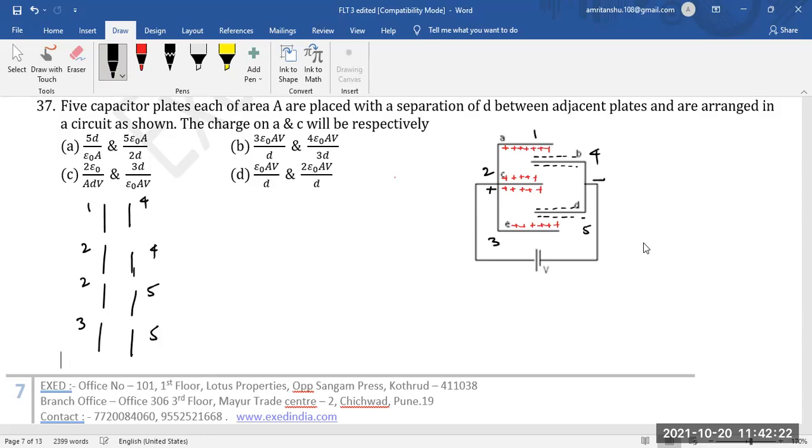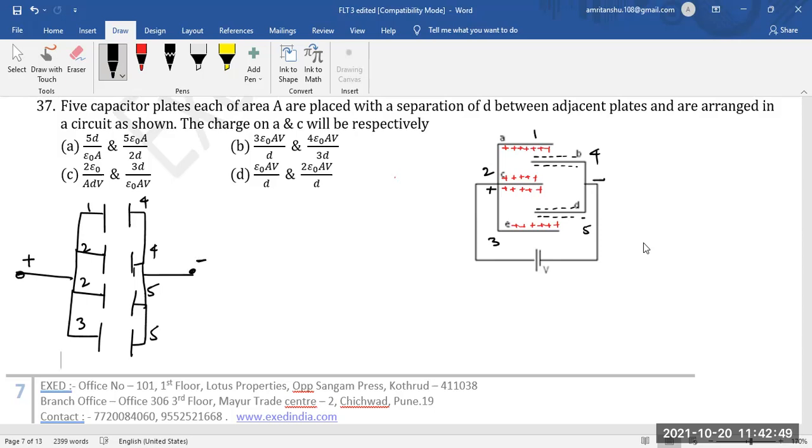Now we see 1 is connected to 2. 2 is connected to 2 because it's the same thing. Similarly, here 4 is connected to 4, 5 is connected to 5. 2 is connected to 3. You can see 2 is connected to the third plate, 4 is connected to the fifth plate, and likewise. This is connected to the positive terminal and this is connected to the negative terminal.